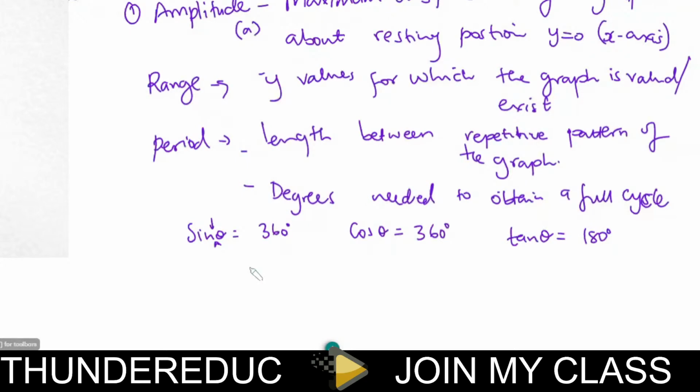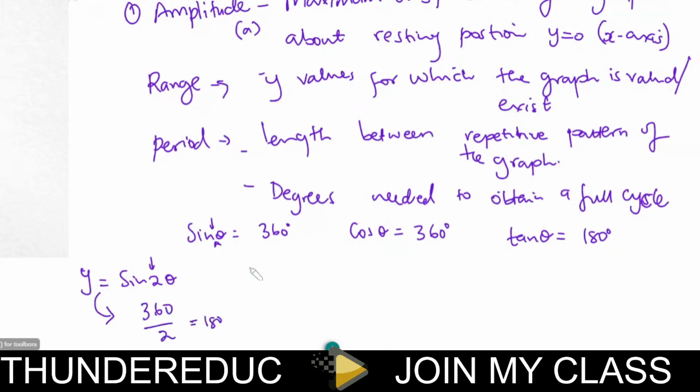Now, what happens if, let's say, we have y is equal to the sine of 2 theta? We have something extra before the angle. So this 2 is going to affect the period of the graph. So for us to get the period of this graph, we shall have to divide 360 by that number, which is 2.